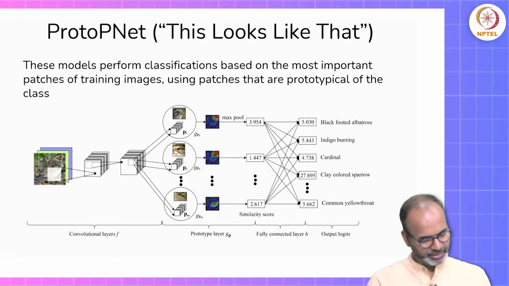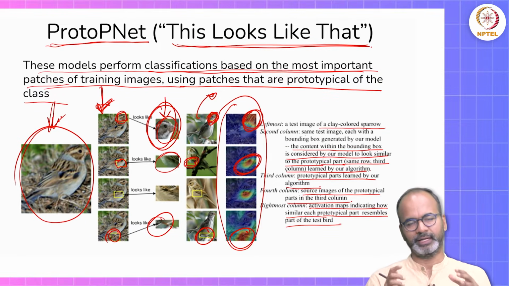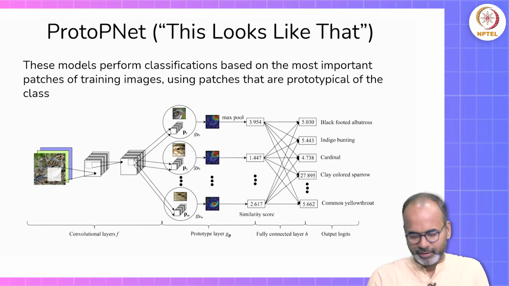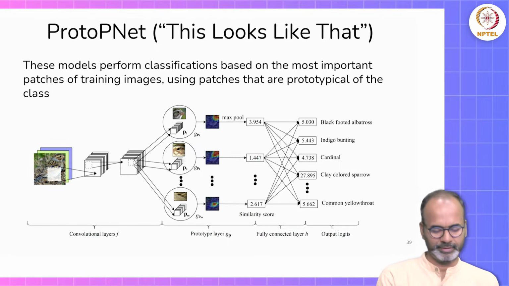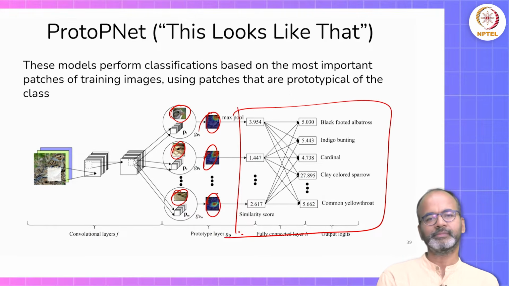So this slide is at the level of the images themselves. If you go one layer down, this is how the model will be working. You have convolution layers F, and then you get all the images that we saw, the bounding box images, then we have all the heat maps, and then of course there are layers and the scores that we get.